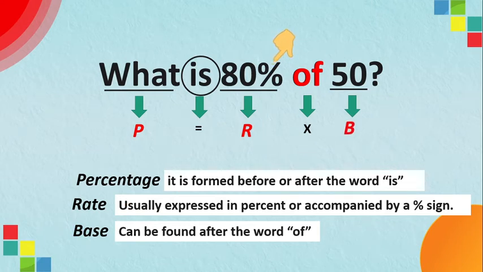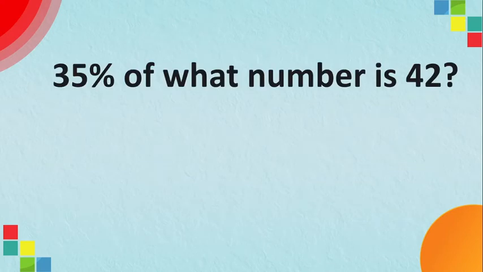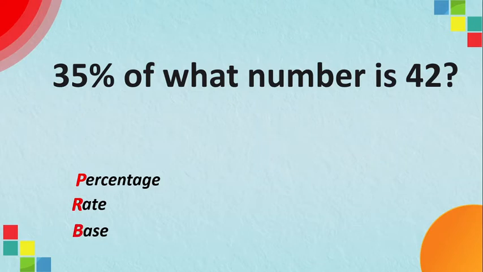So that's how we identify the elements percentage, rate, and base in a given word problem. Let's have another example. 30% of what number is 42? Let's identify the percentage, rate, and base.